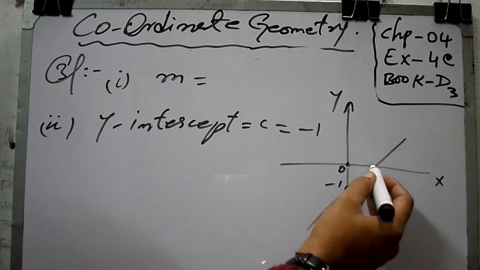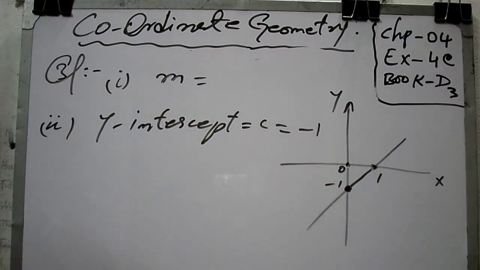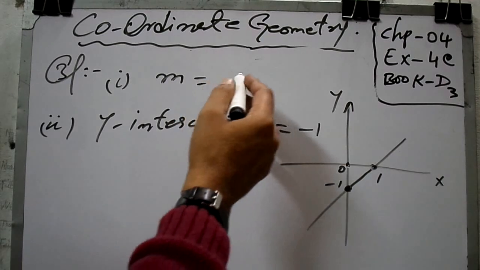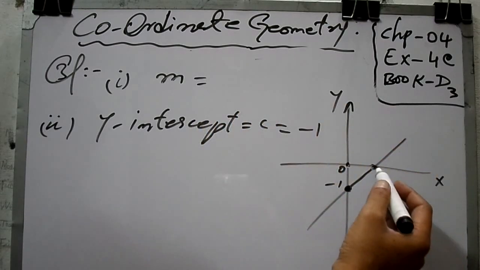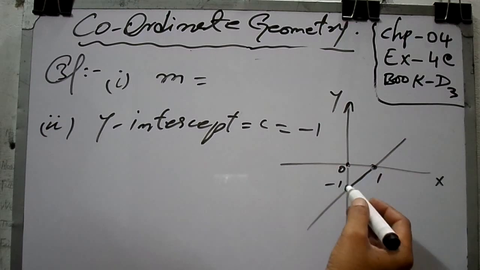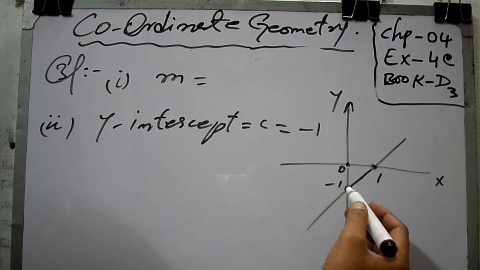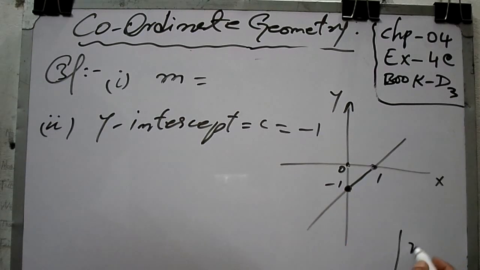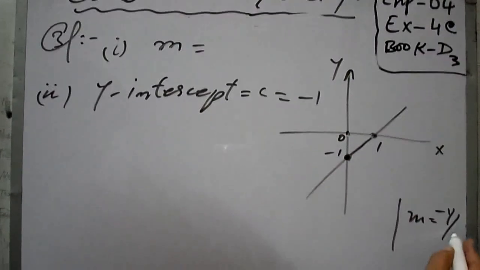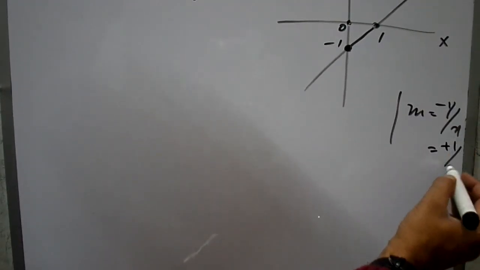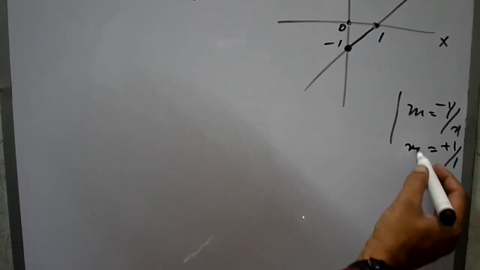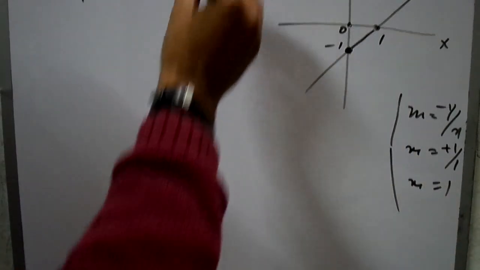Here the value of the slope is minus y-intercept divided by x-intercept, so the slope is minus y by x. The value of y is -1, so it becomes +1, and the value of x is 1, so here the slope is 1.